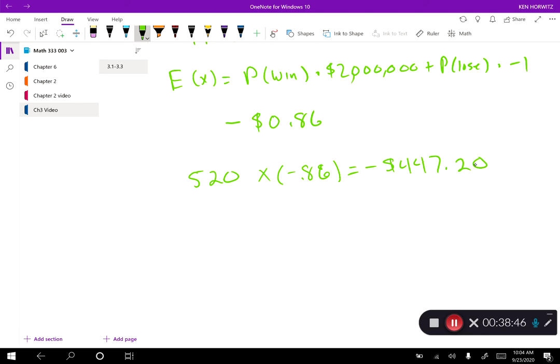So if you were to play $1 a week for 520 weeks, out of pocket you would be spending $520, but you would expect to lose $447.20, which means at certain times you're going to win some money.